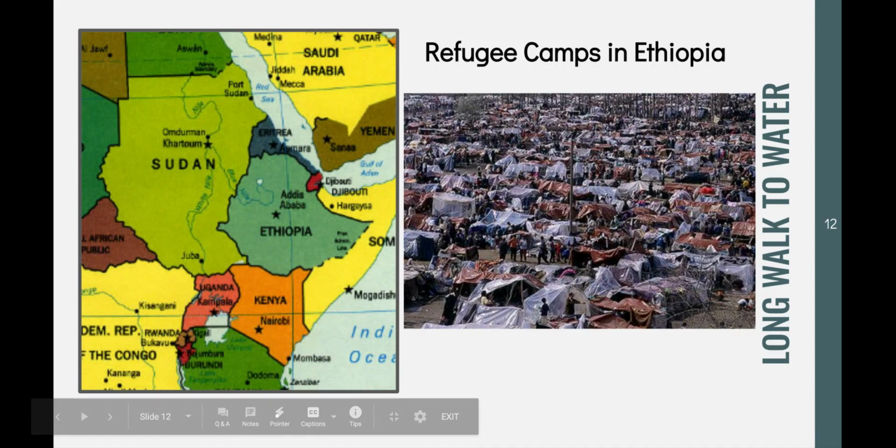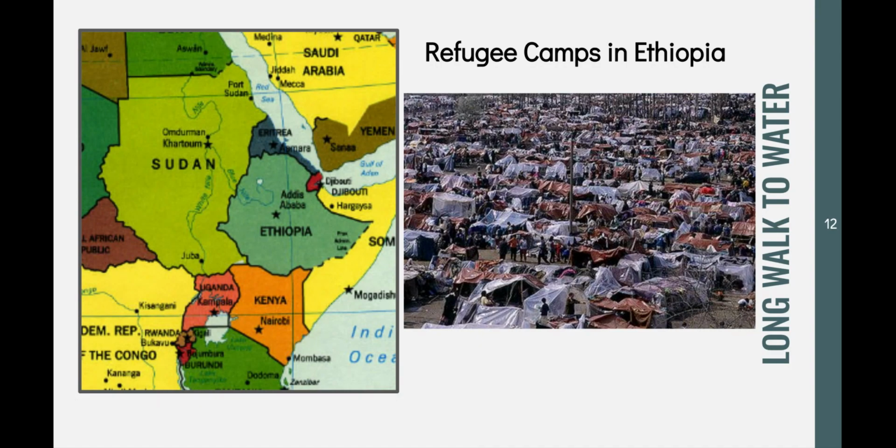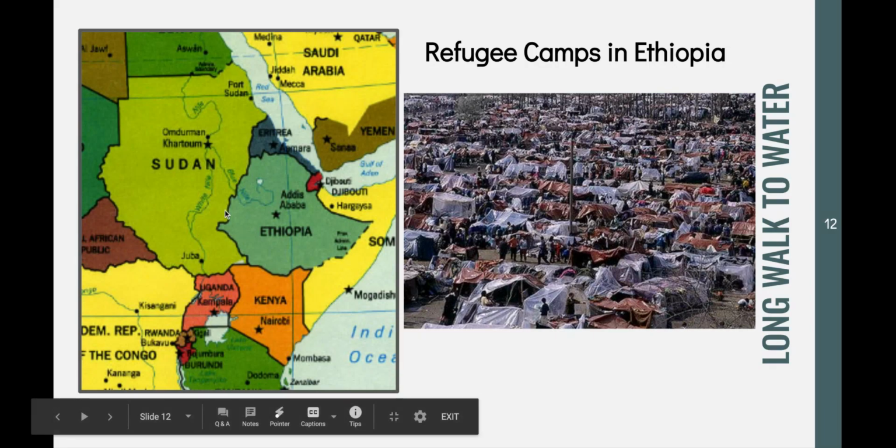So there was the dictator in Ethiopia was overthrown, and so the new leader decided to throw out everybody in the refugee camps. So they are driven back to Sudan. So they have to go back over the border and cross the Nile again.